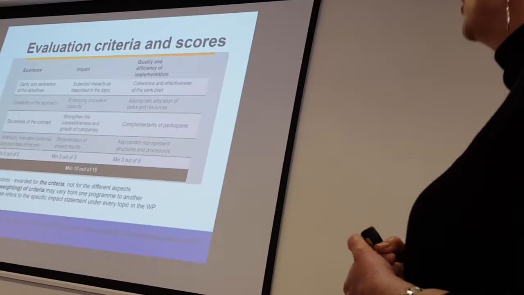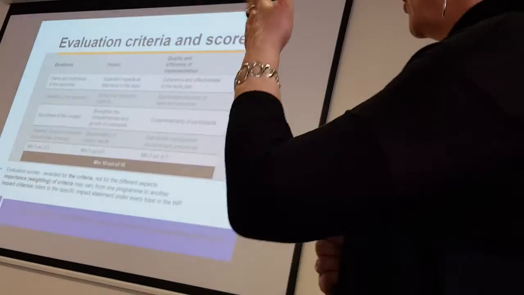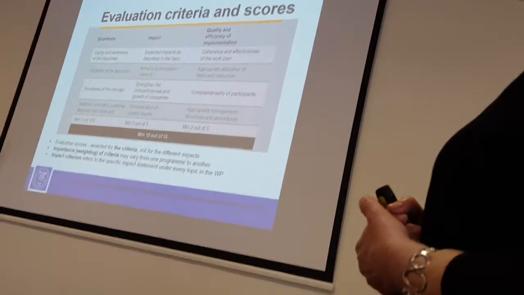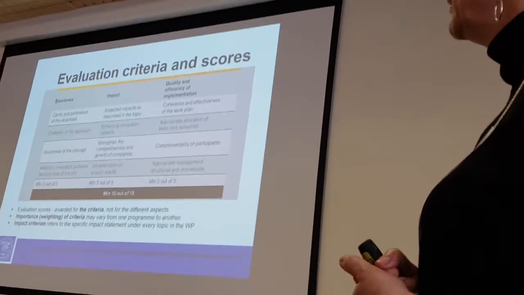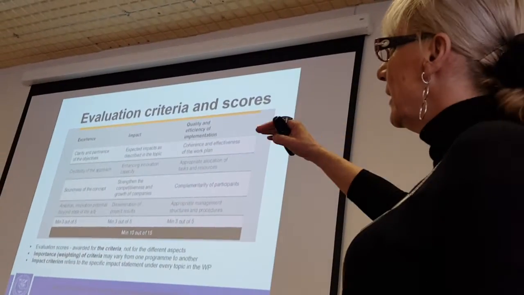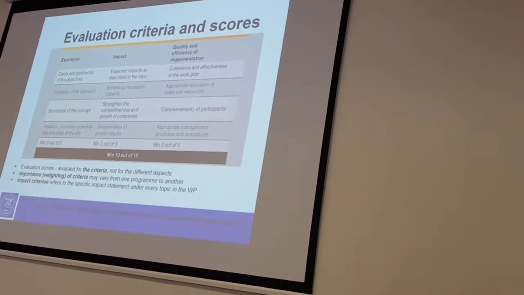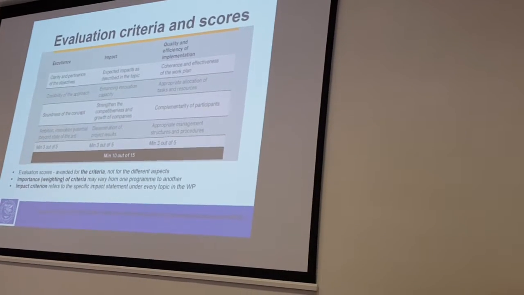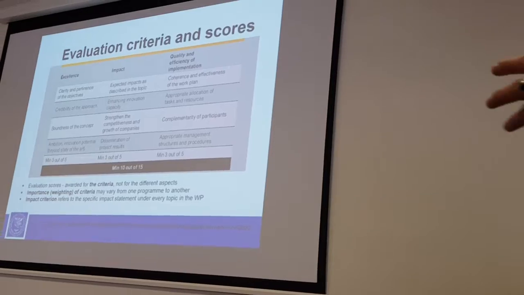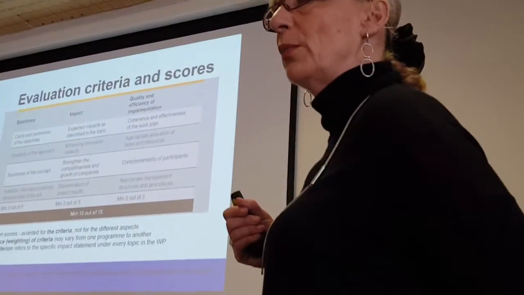So these are the evaluation criteria and scores for excellence, impact, and quality and efficiency of implementation. And you can see that under each criterion there are a number of certain aspects that the evaluators consider when reading your proposal.